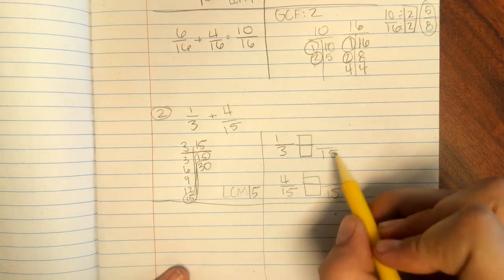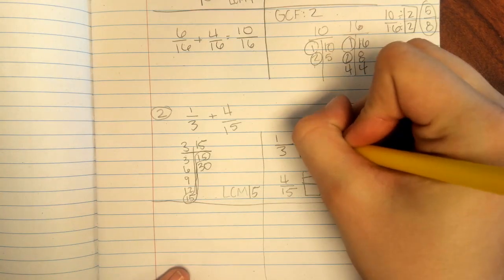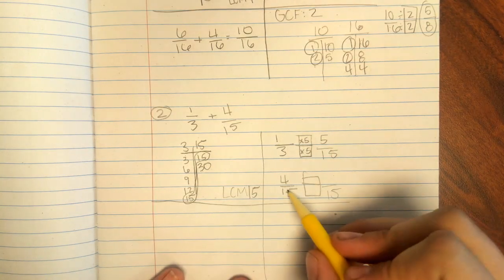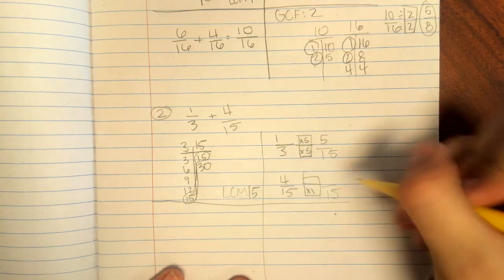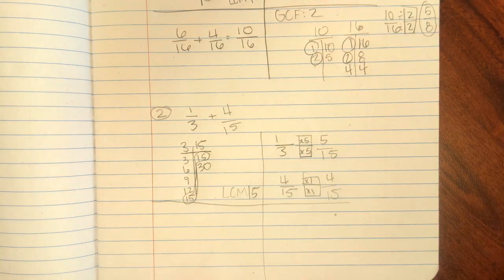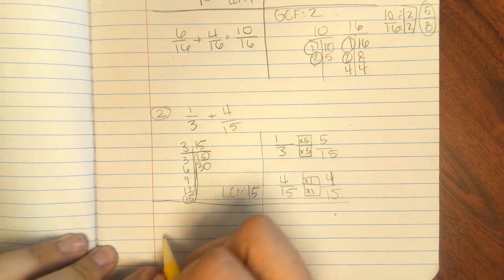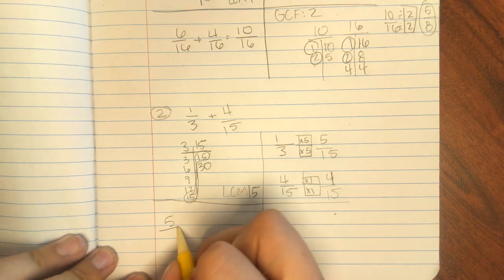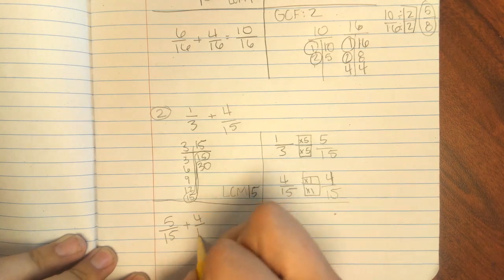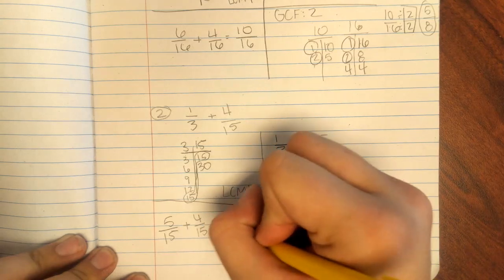To get from 3 to 15, I know that I multiplied by 5, so I have to multiply 1 times 5 to get 5 for my numerator. 15 times 1 is 15, so 4 times 1 is 4. Now we're going to go ahead and bring this over. 5 over 15 plus 4 over 15 equals 9 over 15.